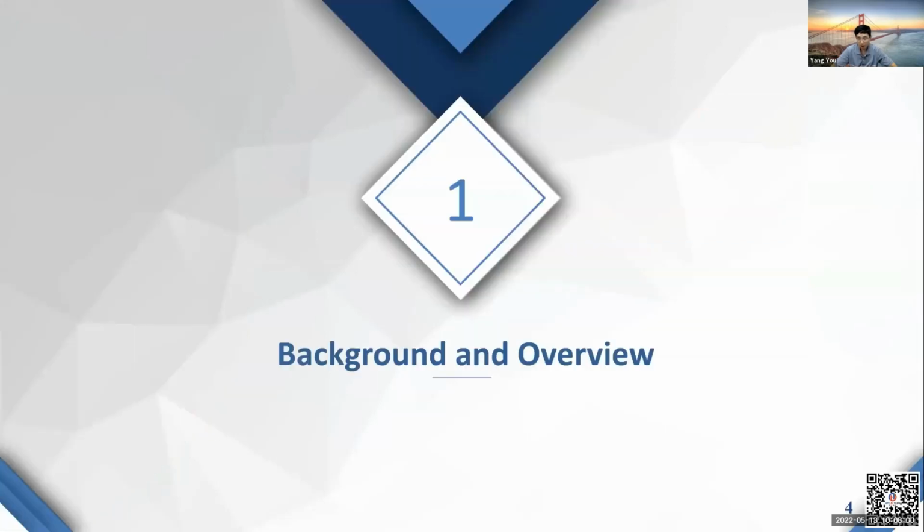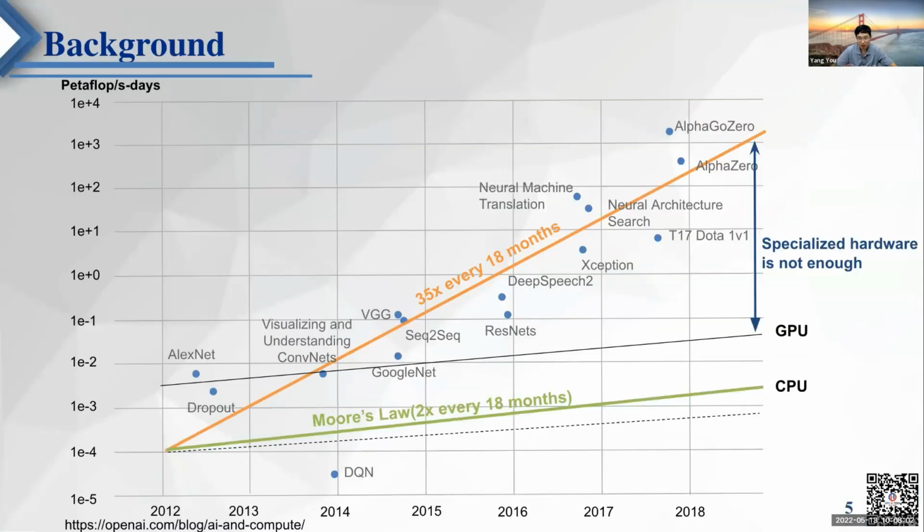Okay. For the background, let me show you a figure. In this figure, the horizontal axis is a timeline by year, for example year 2013, year 2015, year 2017. The vertical axis is the floating point operations, or the computational cost, of our state-of-the-art AI models.